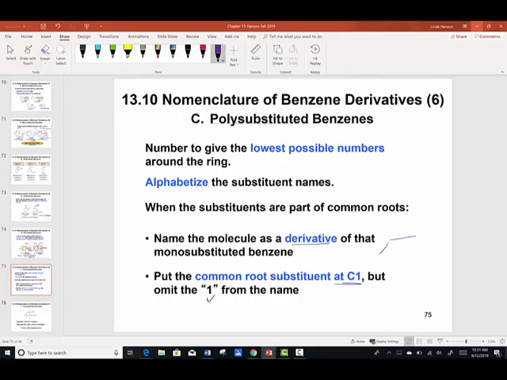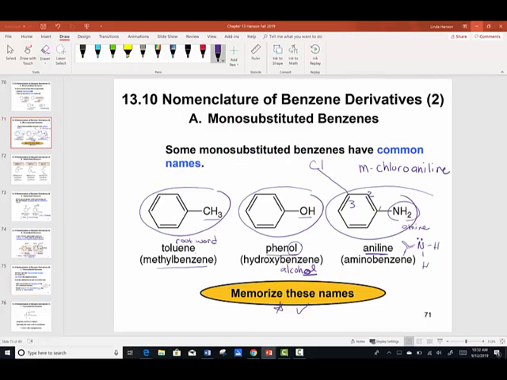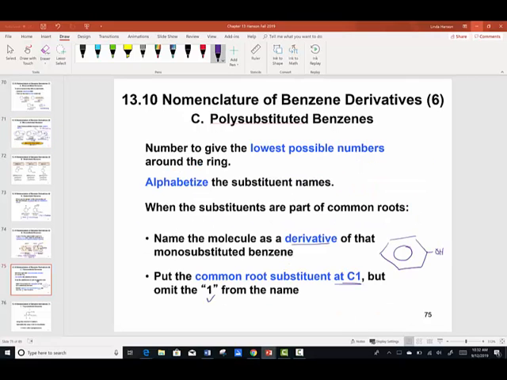So what they're saying is, if this is our benzene ring and we have an OH group there, we know that the OH group, because we're working to memorize, is called phenol. And so if I were to have the backbone here called phenol, whatever I put on this side, this gets priority as carbon 1.